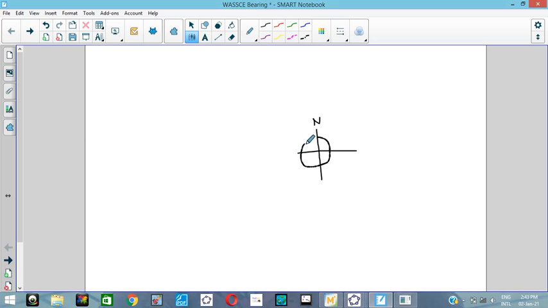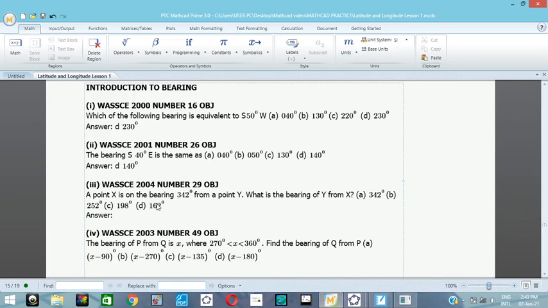So 342 will be somewhere here. So we move straight. So this is 342, so that is the angle. That's your turning, and this is point y. You just need to label it. You can see it. It says a point x is on the bearing 342 degrees from a point y.